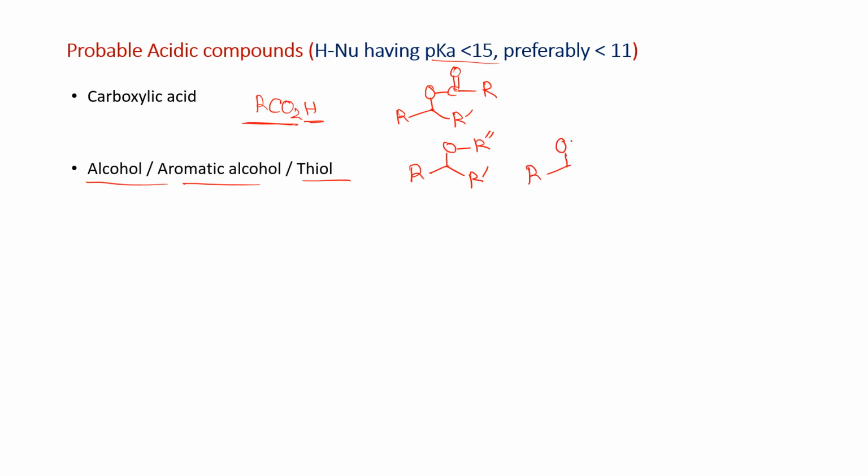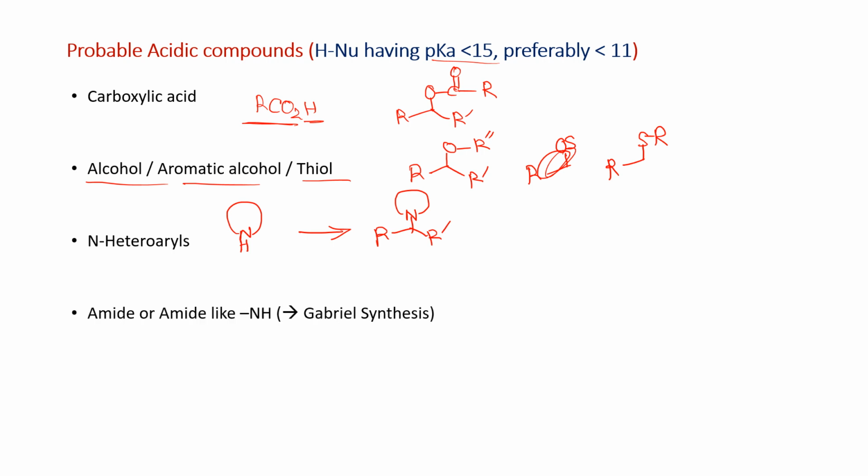It may be SR. So thioether or ether, this type of product we can get if we are starting with this type of HNu substrate. Then N-heterocycle, that means suppose we have NH and there is some ring type of structure. Now in this case, the product that we are going to get will be N and then R prime. So see how many different types of product we can get by changing the nature of HNu, and each time there will be inversion of stereochemistry.